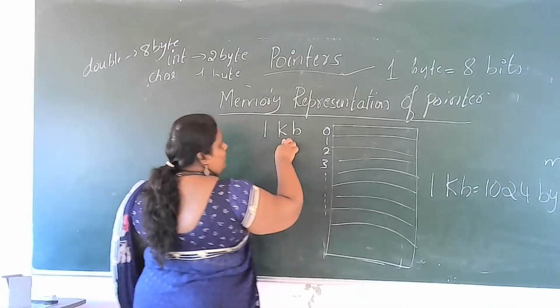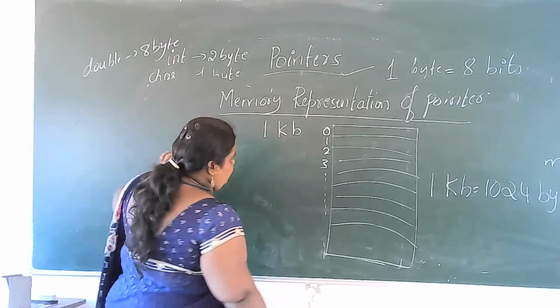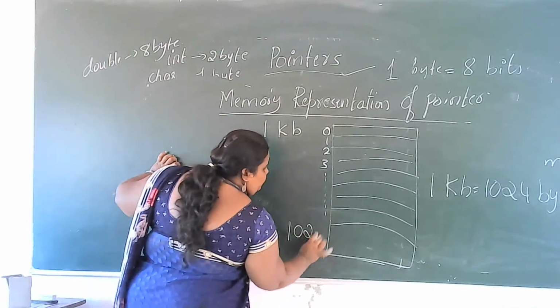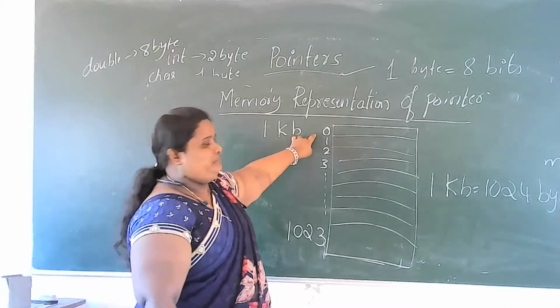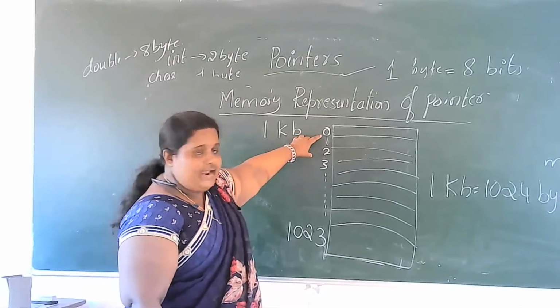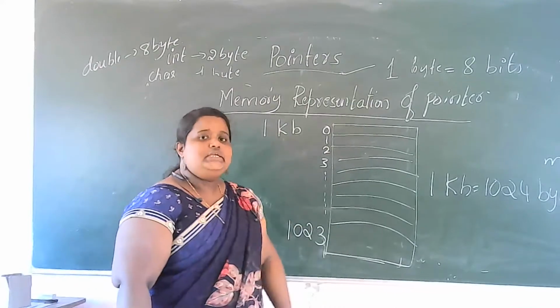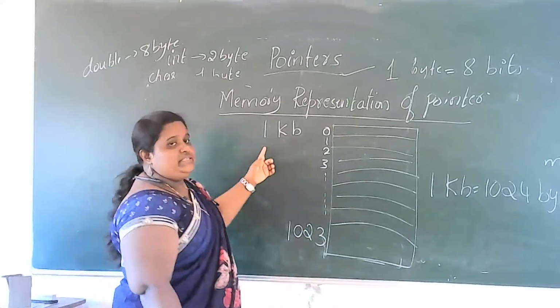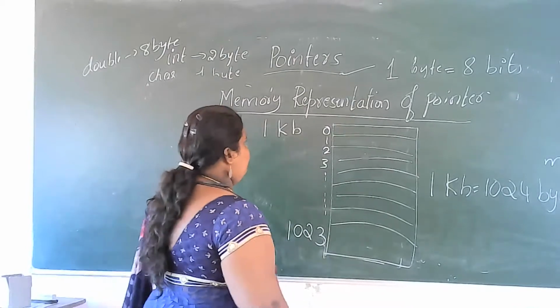What will be the last address for 1 KB size? That is 1023. Memory locations start with 0 and end with 1023 for 1 KB size of memory.